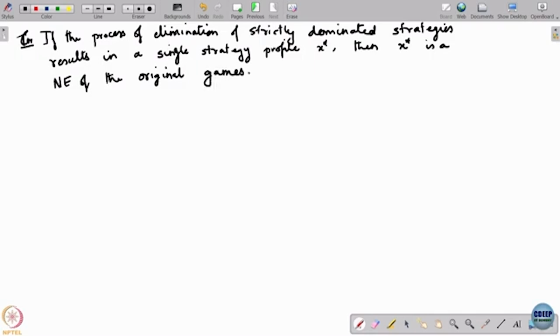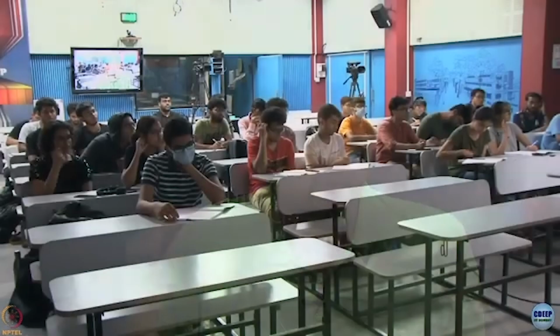I should have used the word iterated elimination, that's implicit here. If you keep doing this elimination again and again and you are left with a single strategy at the end, then that has to be a Nash equilibrium of the original game. Why is that the case? Because we just saw that every time you eliminate, you are neither losing equilibria nor creating equilibria, and this happens at every step, right.